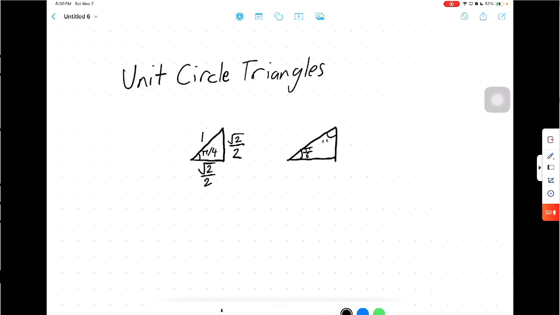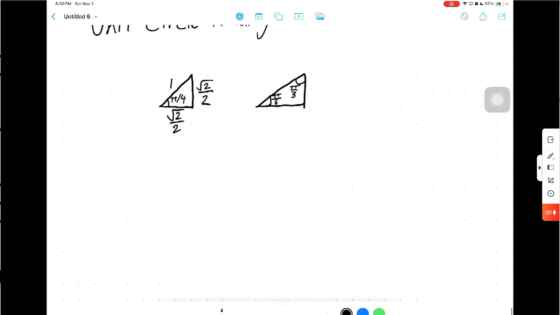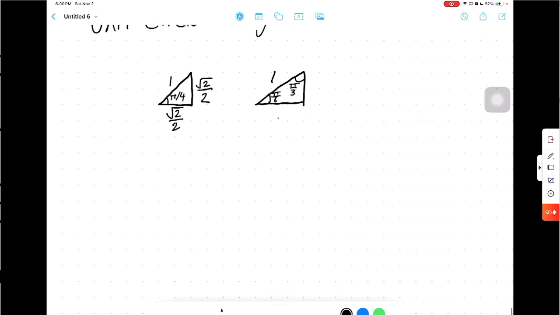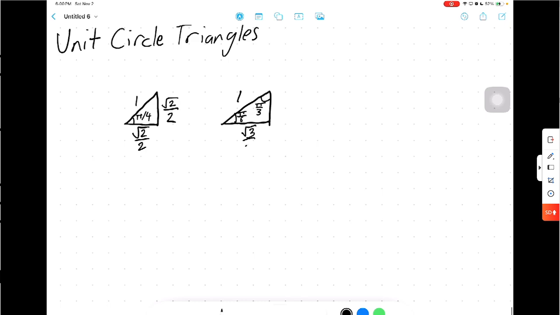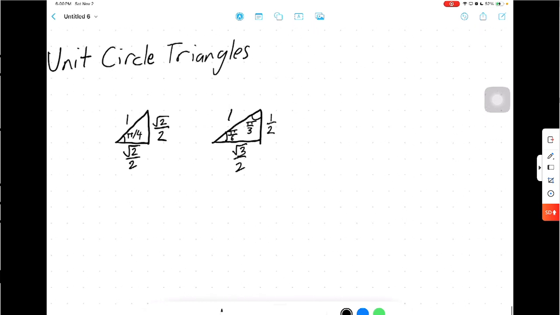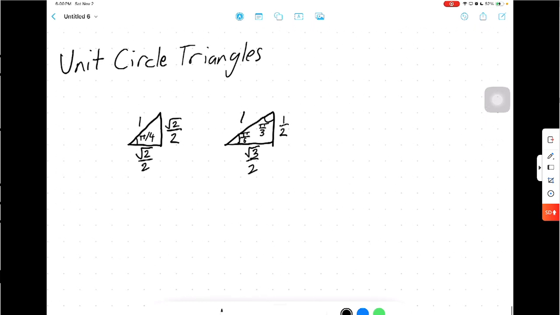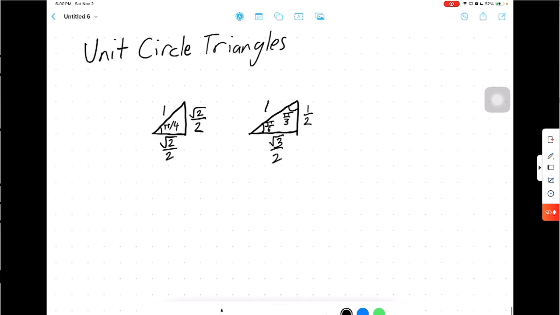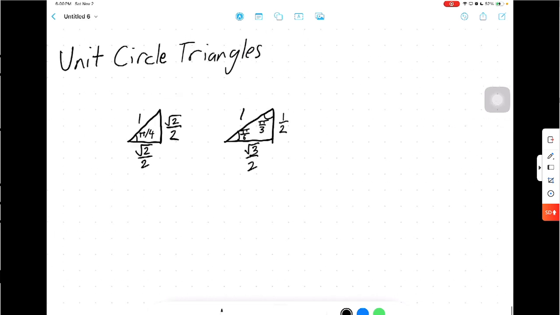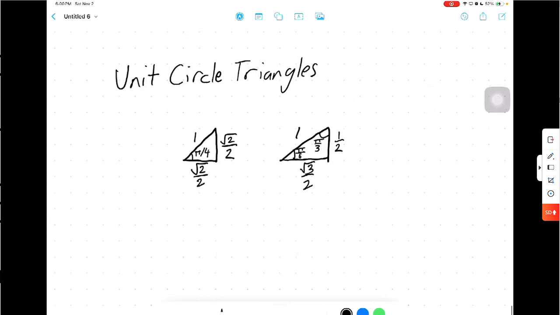This angle is pi over 6, this angle is pi over 3. This side is 1, this is root 3 over 2, and this is 1/2 right here. This essentially allows you to get all of the trigonometric values that you're usually supposed to memorize or redraw the whole unit circle. And really, these are the only two you have to actually memorize.